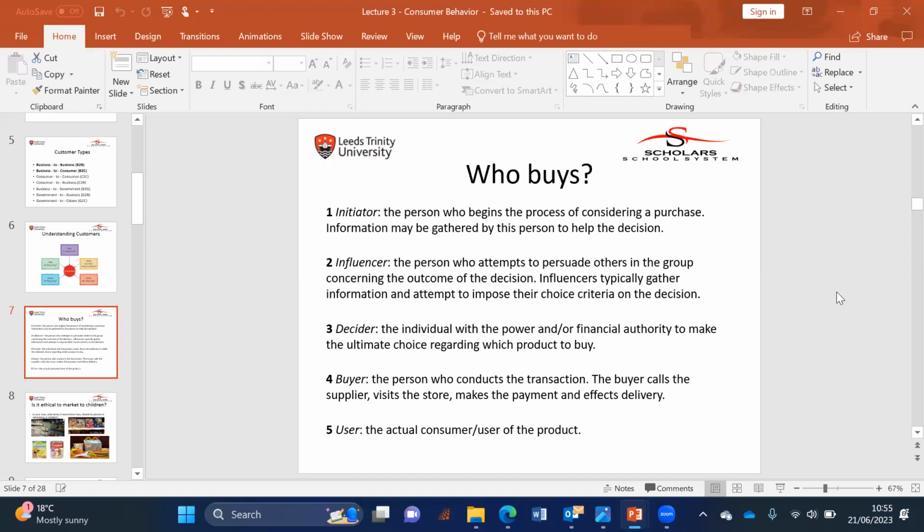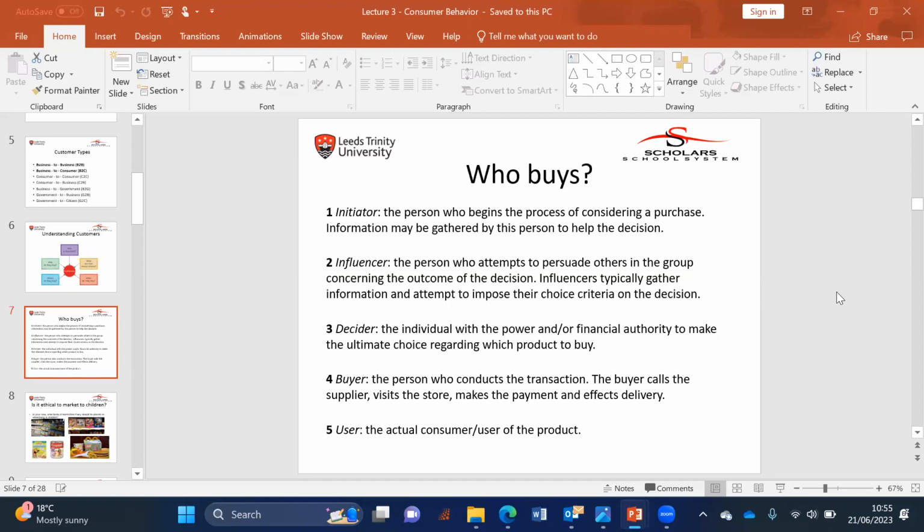So an influencer could be, for example, if a group of 5 friends are deciding where to eat, the person who's saying, let's go to this particular place on Ladypool Road, and I assure you guys it's a good place, we should go there. That person is the influencer, persuading the others in the group to join their decision.